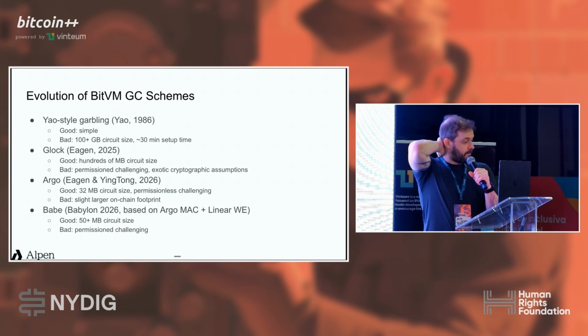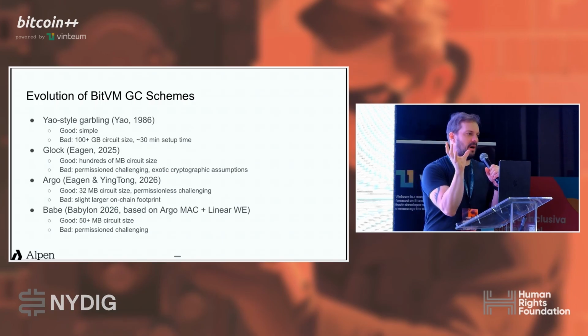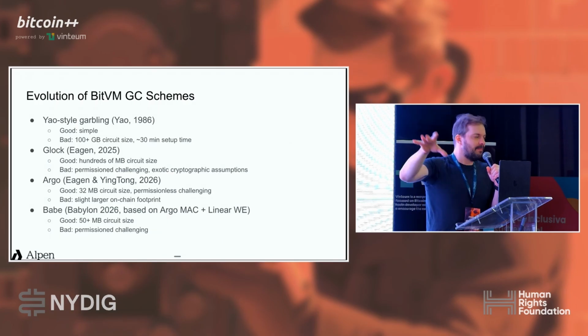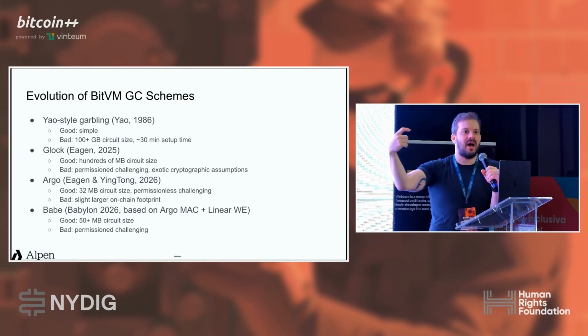Now they have a new bridge called Argo. You might have seen Argo MAC, which is one part of the bridge. And there is something they haven't published yet, which they are calling the secret sauce. Argo MAC with the secret sauce creates the Argo bridge.